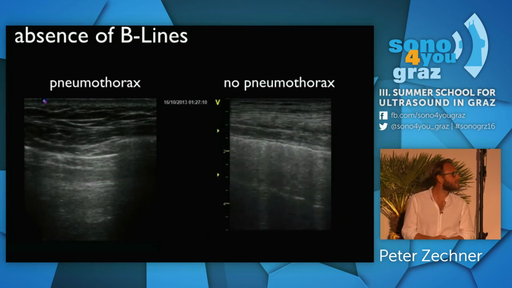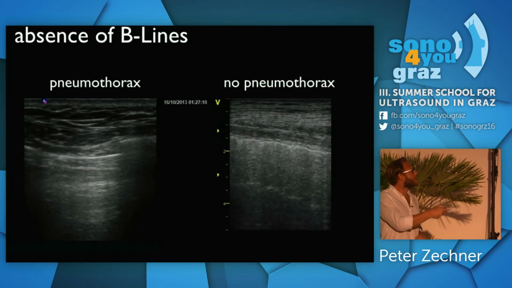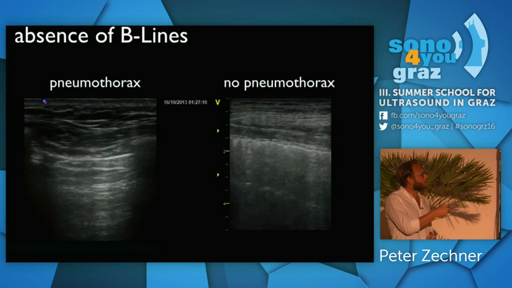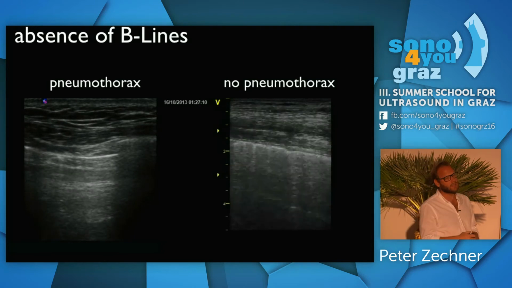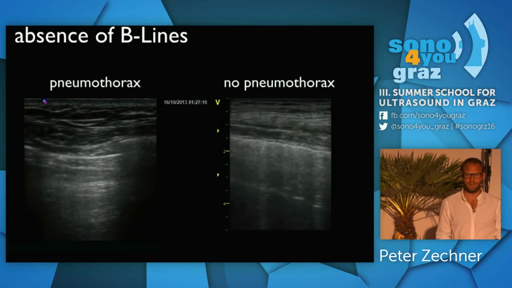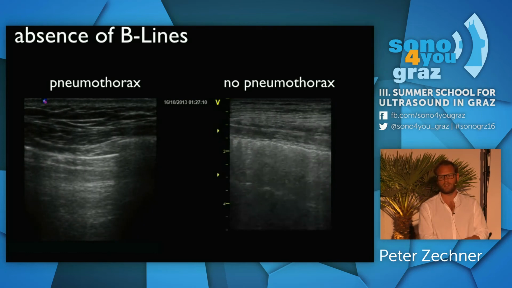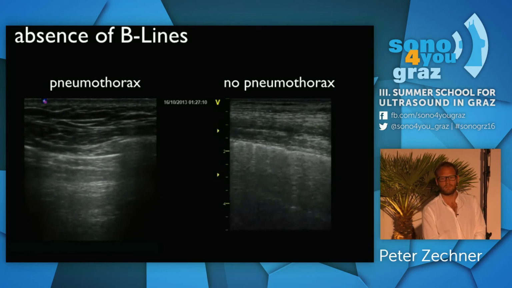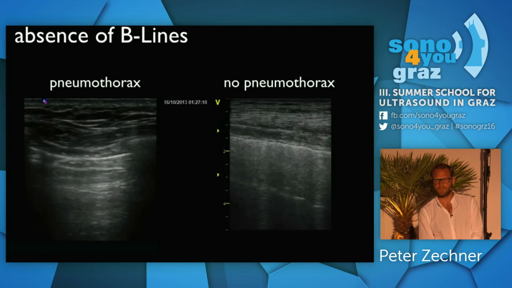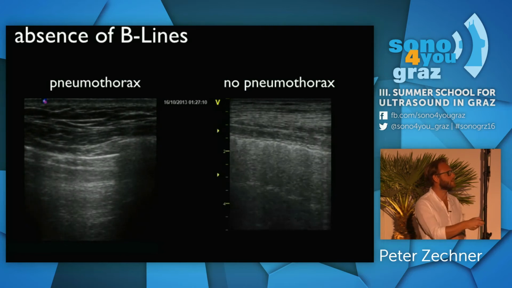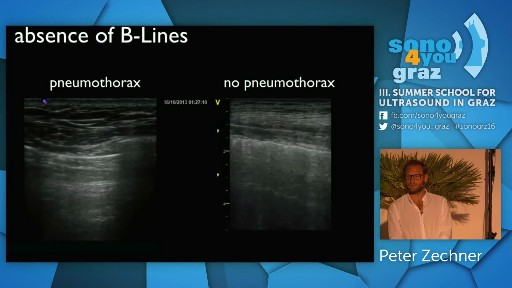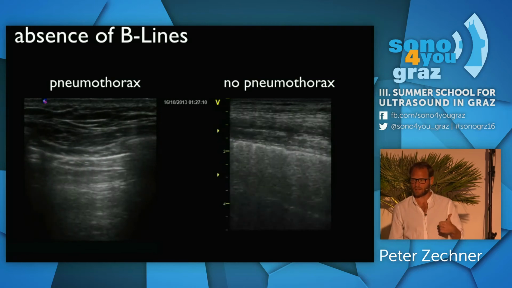In this patient, here we have got a patient with pneumothorax, and this patient has got no pneumothorax on the right side. Who can explain why this patient has no pneumothorax? What do we see on the right image? We see B lines, yeah, correct.